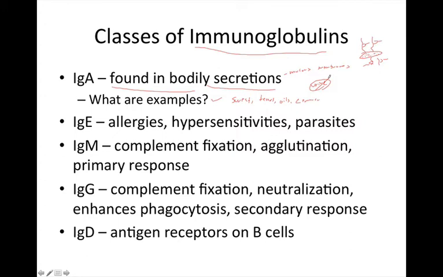Immunoglobulin E, IgE, is a player in allergies, and that's essentially what a hypersensitivity reaction is. That's the more technical term for an allergic reaction. That's one type of hypersensitivity anyway.